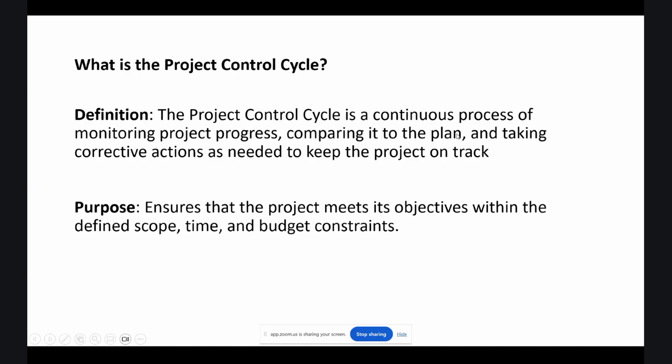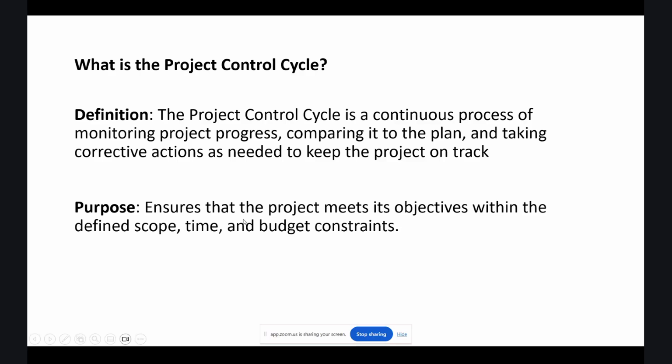The control cycle is a continuous process of monitoring project progress, comparing it to your plan, and taking corrective actions as needed to keep the project on track. So you continuously look at your project network, you continuously look at your project objectives, what should be your deliverable, and then you check the expectation if you're on the right track. So the purpose is to ensure that the project meets its objectives within the defined scope, time, and budget.